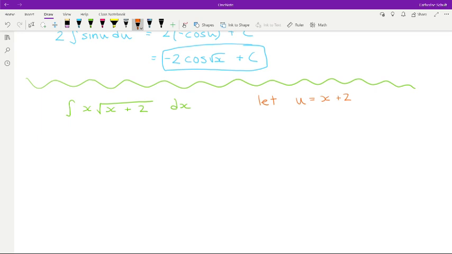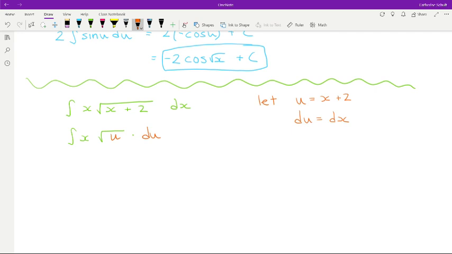Notice when we take the derivative, the derivative of x is just 1, so it's a straight substitution. du is just going to be dx. So x plus 2 is u, and we just said that dx is du. But what's the problem? We still have an x, so we're not done.